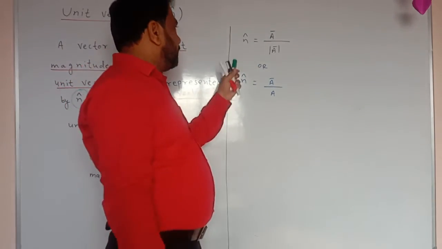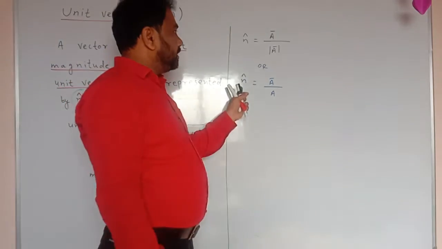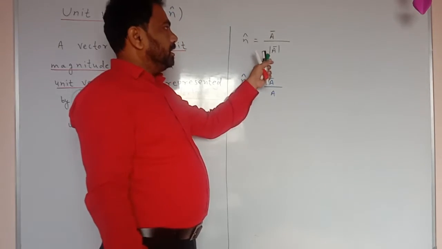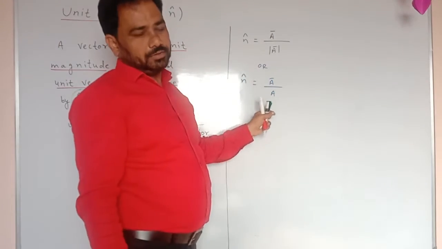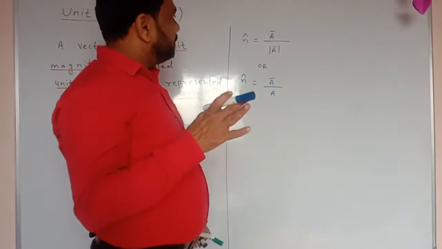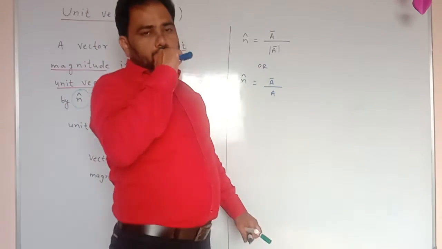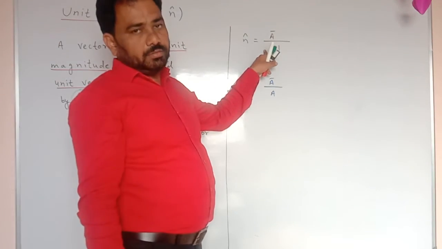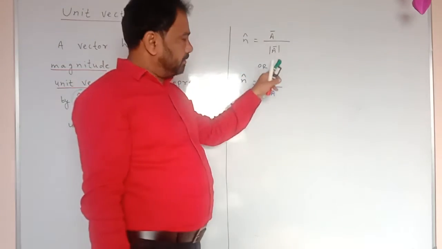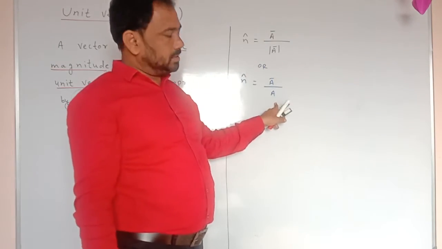While writing the unit vector, unit vector is equal to vector upon its magnitude, and the magnitude can be represented in two ways: mod of vector A, or simply A.